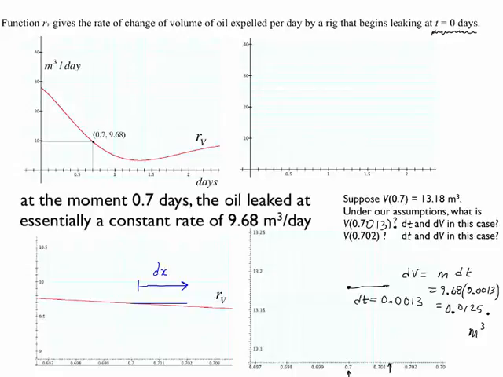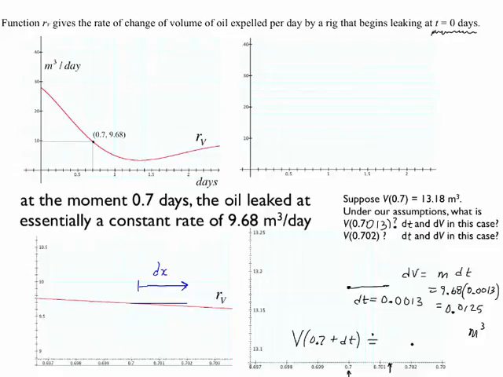You've got this much additional volume plus that. This is the idea that V of 0.7 plus dt is essentially equal to, so this would be the actual volume, okay?